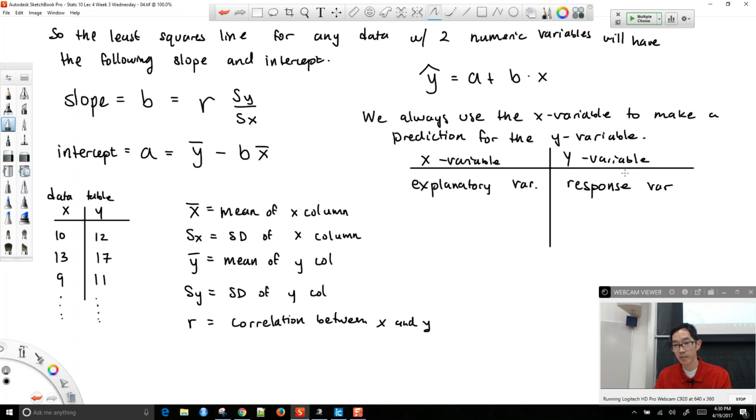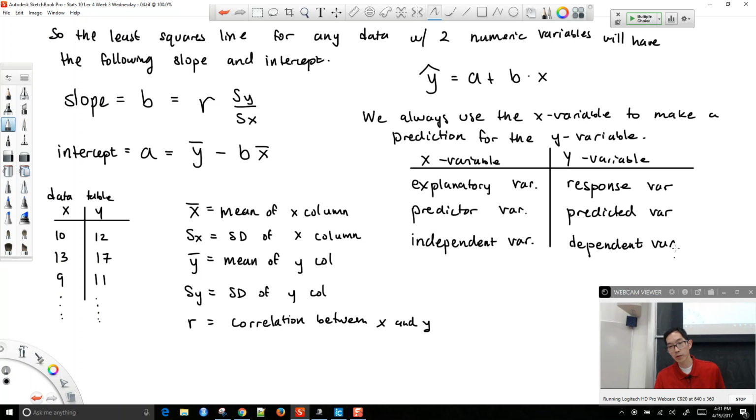X is also called the predictor variable, and y might be called the predicted variable. And lastly, we may also call x the independent variable, and y would be the dependent variable.